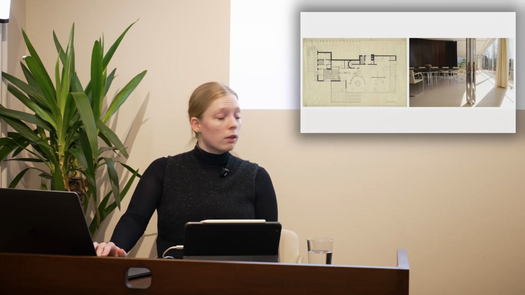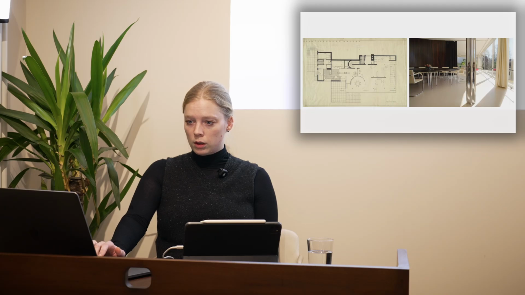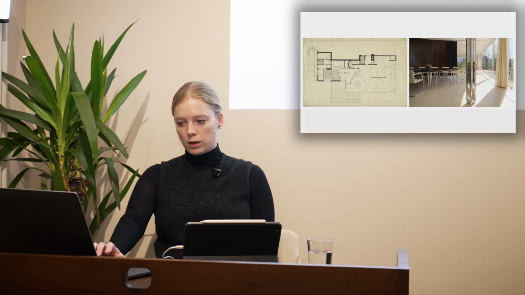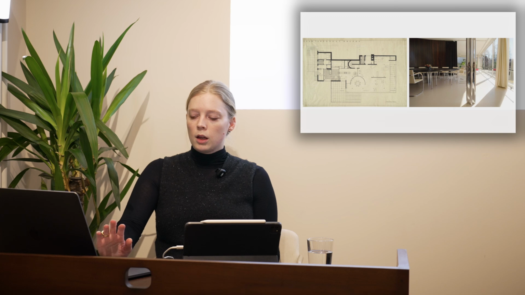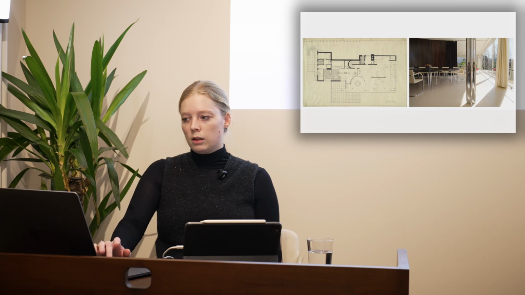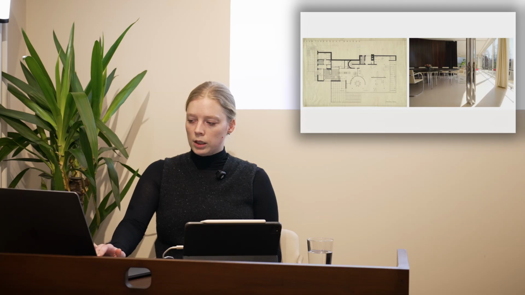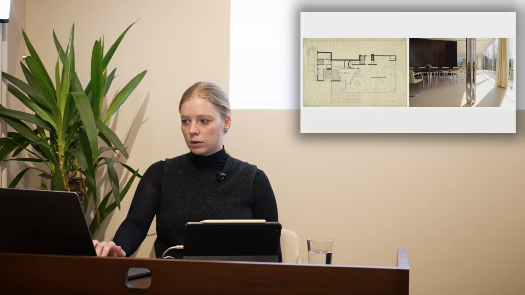I wanted to bring this image to show that within this context of the Tugendhat, there's an erasure of the textiles within the architectural drawings. In perspectives and photography, you can see the textiles here. They actually run all around the curtain window.